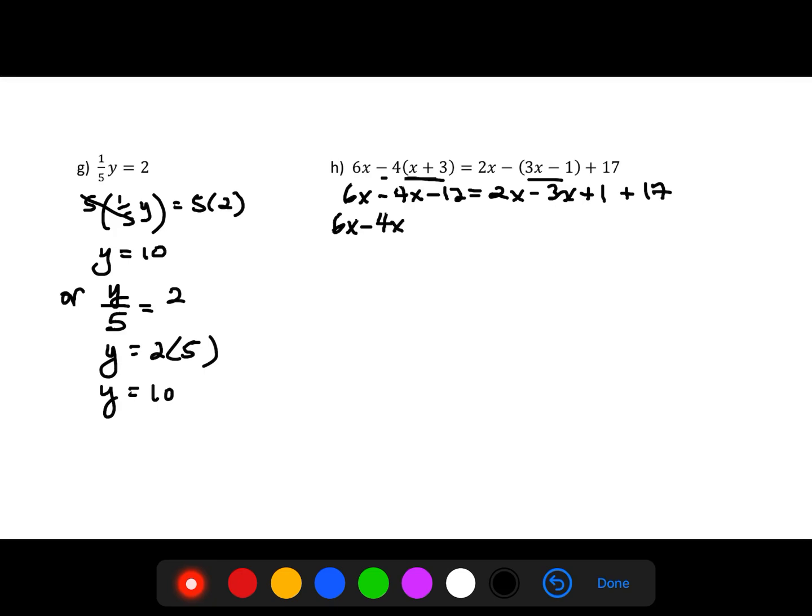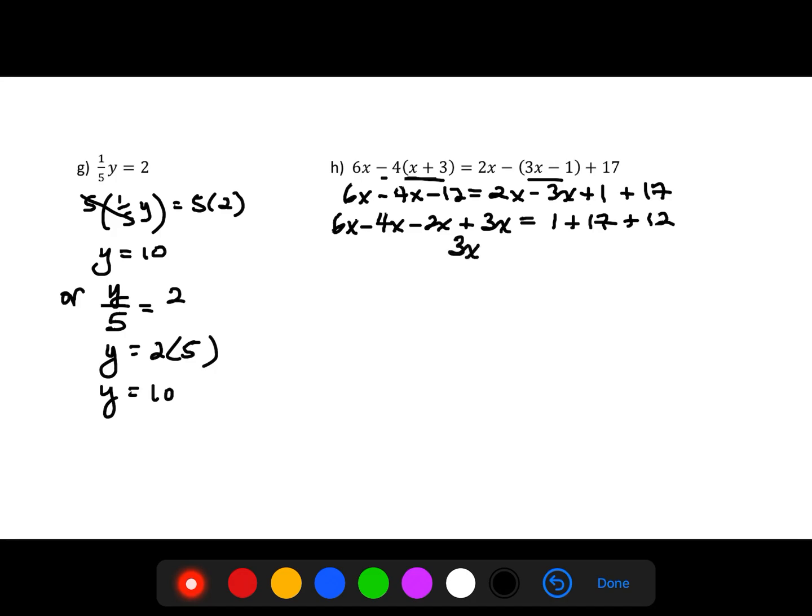We can start moving things around, putting all of our x terms on one side, number terms on the other side. So bringing our 2x over becomes subtract, 3x becomes plus, 1 and 17 were already over here, and we're going to bring our 12 over where it becomes plus.